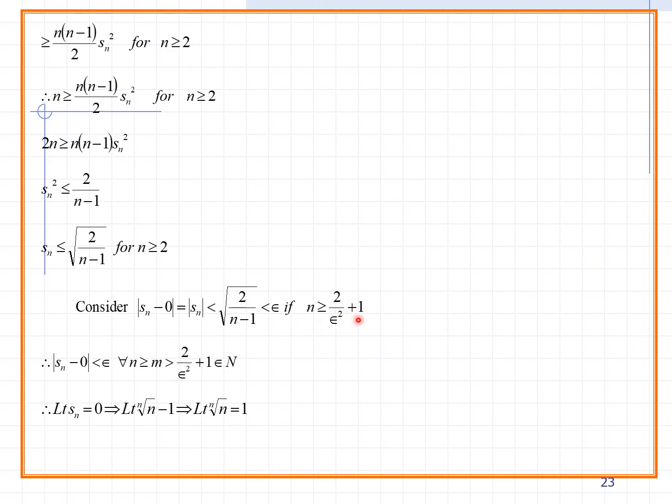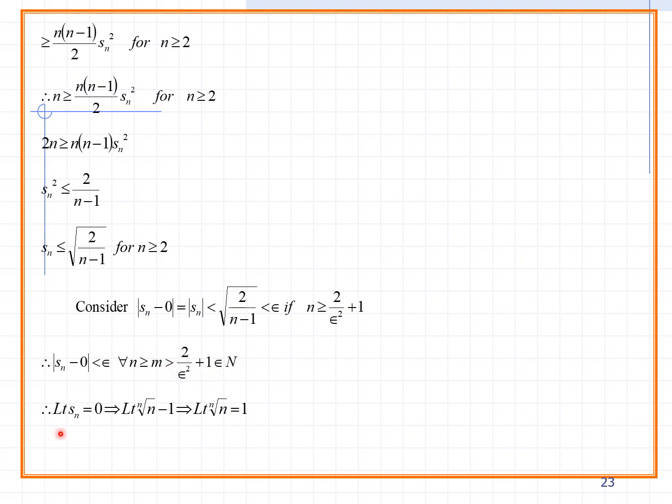Already I said the condition: modulus Sn minus L less than epsilon for n greater than or equal to m. Here m is a small value compared to n. Therefore modulus Sn minus 0 is less than epsilon for all n greater than or equal to m, where m is greater than 2 by epsilon square plus 1 and belongs to N.